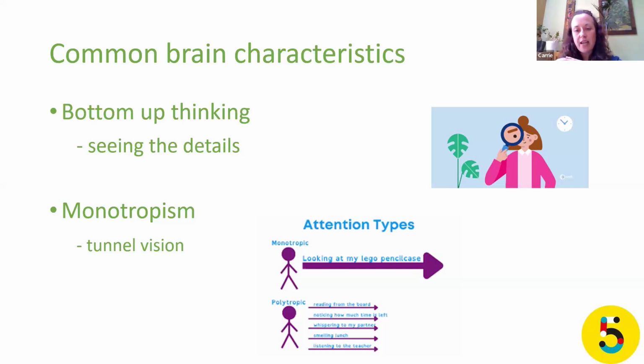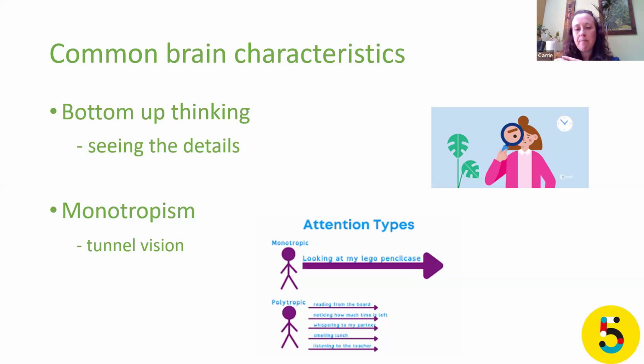Again, the majority of autistic learners are likely to be monotropic, and so will have really intense interests and will give really intense focus to certain things, to the exclusion of everything else. Now that can come with many, many benefits, but it can also present a lot of difficulties.